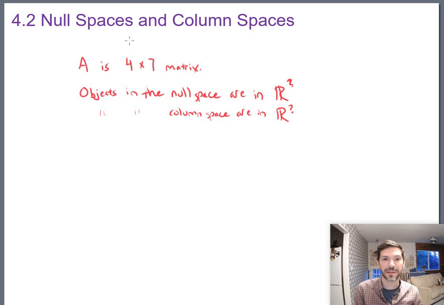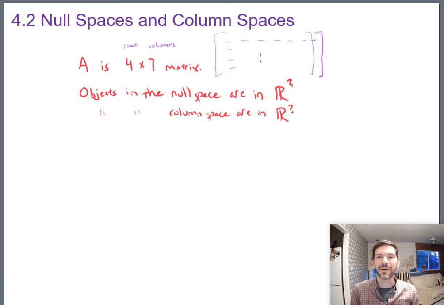Okay, so keep in mind 4 by 7 is 4 rows, 7 columns. So there's 4 rows, 1, 2, 3, 4, 5, 6, 7, 7 columns. So an object in the null space needs to tell you how to combine all 7 columns and get 0 as a result.